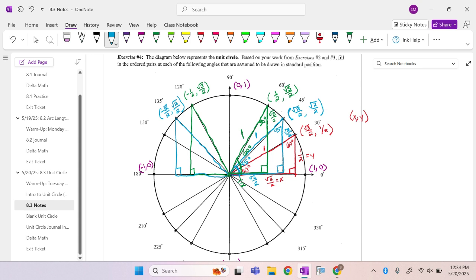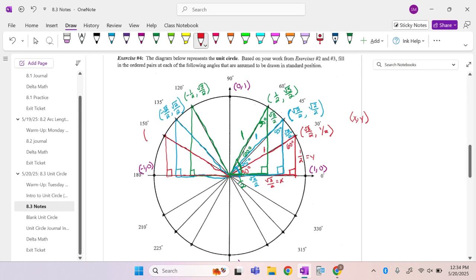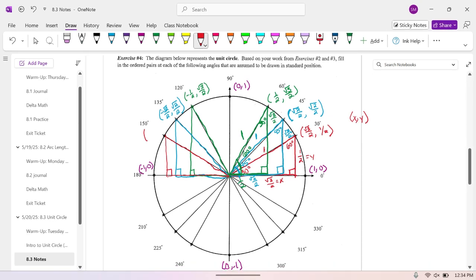And how far away is 150 from 180? 30 degrees. So we use the red triangle. So if I do that, that means my new point would be what? Right. So it would be negative square root 3 over 2 and 1/2.